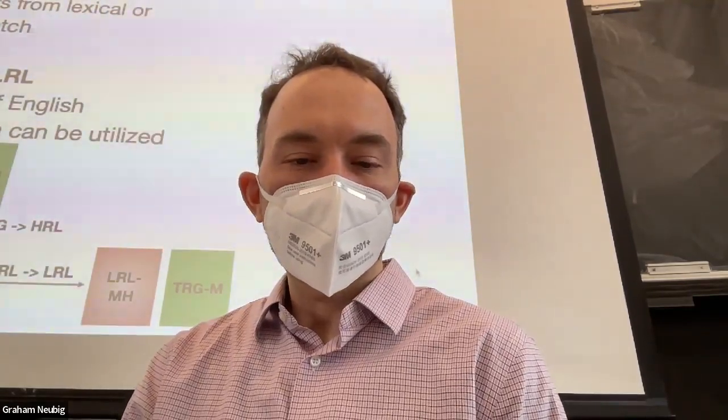So this gives us better low resource language pseudo data here. And we can also do a similar thing where we generate more high resource language data. This basically gives us 3 different ways to create pseudo parallel data between the low resource language and the target language.